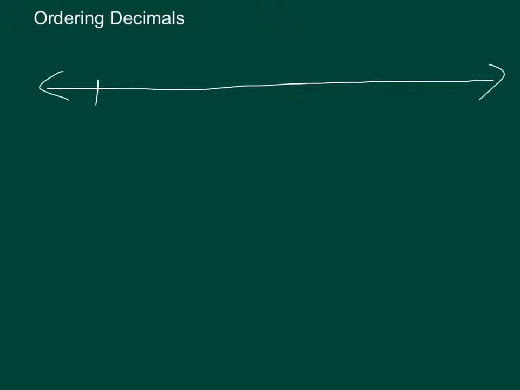So if you start with 0, and then you have 1, 2, 3, 4, and so on, we want to order them in terms of which ones are closer to 0 or which ones are farther away from 0 in the positive direction. I'm not going to draw this exact, but we'll kind of get an idea.